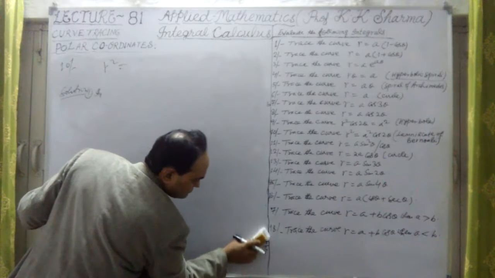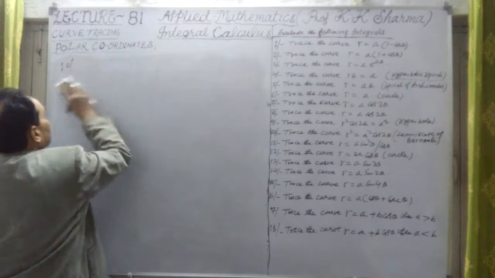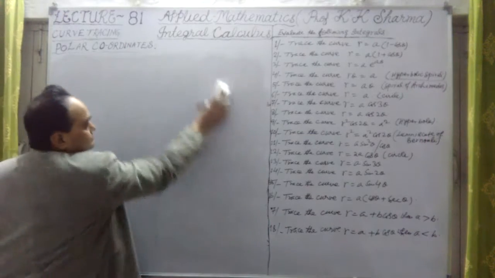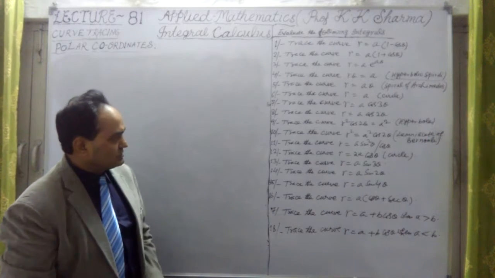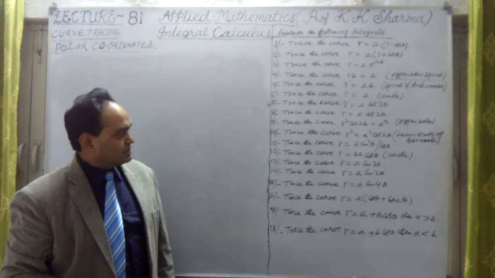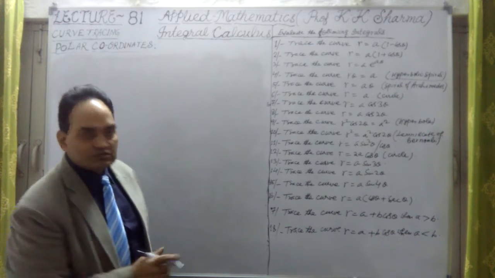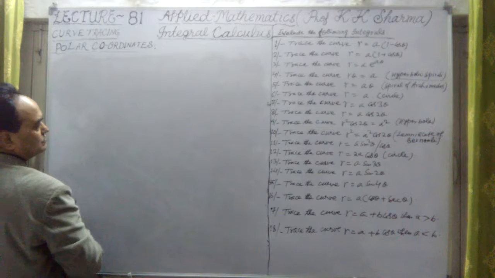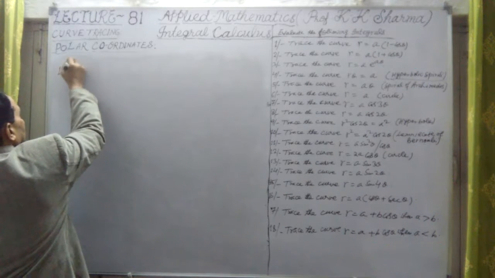What does the 11th question say? Question 11 is: trace the curve r equal to a sin square theta upon cos theta.